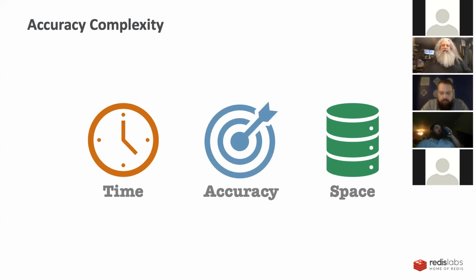If I could greatly reduce the amount of space things take and make it really fast, would that be worth a 1% error rate, so that when I shove data into it, I don't always get it out, but I get it out often enough? Is that acceptable? That's a whole other layer of complexity, and this is what probabilistic data structures are. They're bringing that accuracy complexity into play.